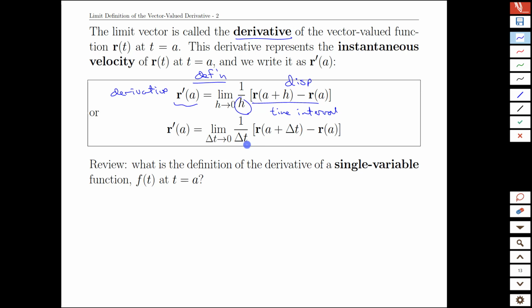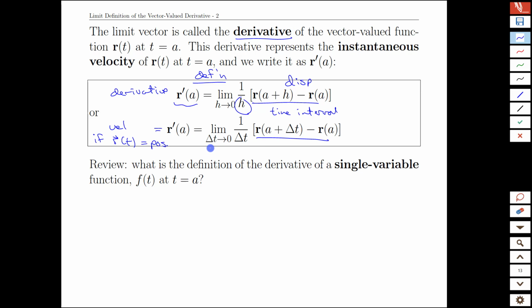We see that more clearly in this formulation here, where the delta t is used rather than the more generic h. So this version here is what we explicitly call velocity if r of t is equal to our position. And the nice thing is it's simply the average velocity with the time interval being shrunk down towards 0.